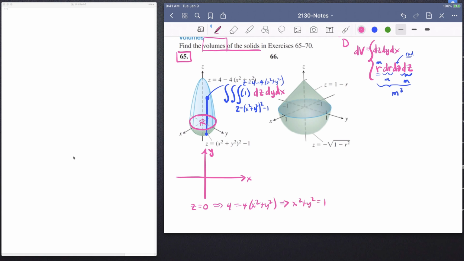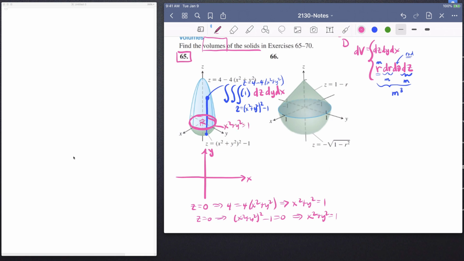We see the same thing in the other equation: when z is equal to 0, (x squared plus y squared) squared minus 1 is equal to 0, which is also x squared plus y squared equal to 1.